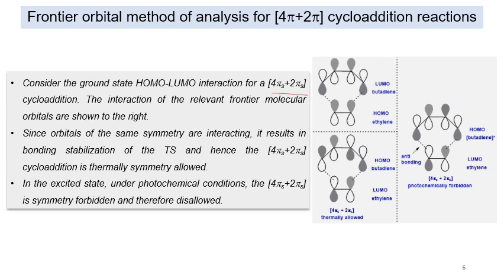Therefore, it results in a bonding overlap in the transition state. Therefore, the 4pi s plus 2pi s cycloaddition is thermally symmetry allowed. On the other hand, the 4pi s plus 2pi a has an antibonding overlap in the transition state and therefore is symmetry forbidden and subsequently disallowed.